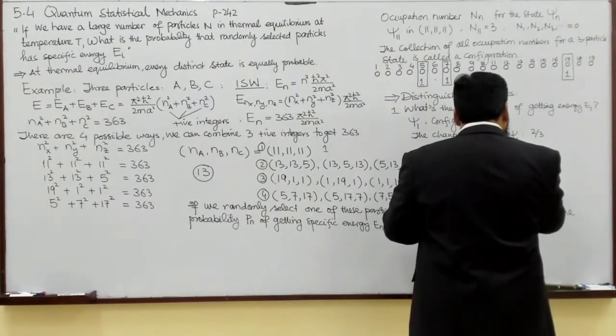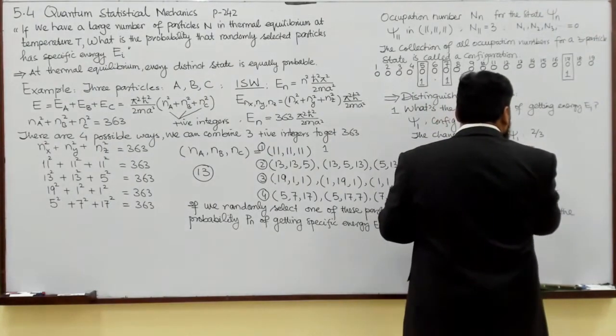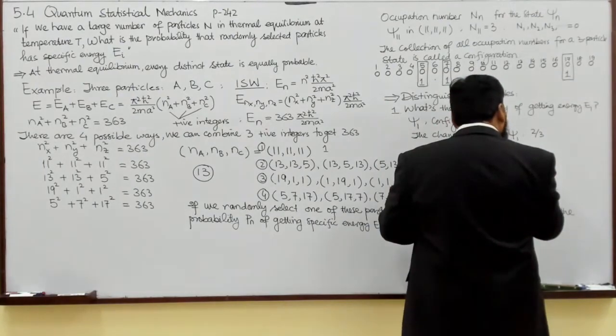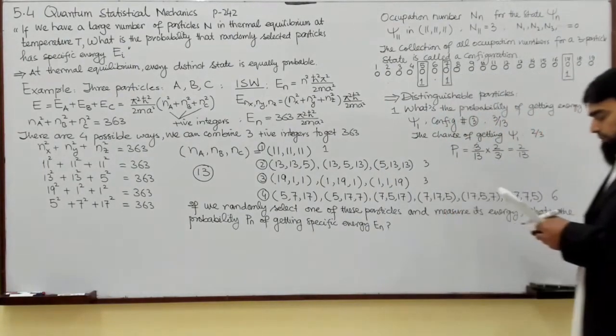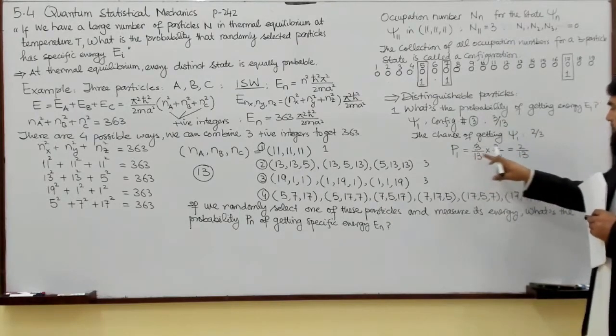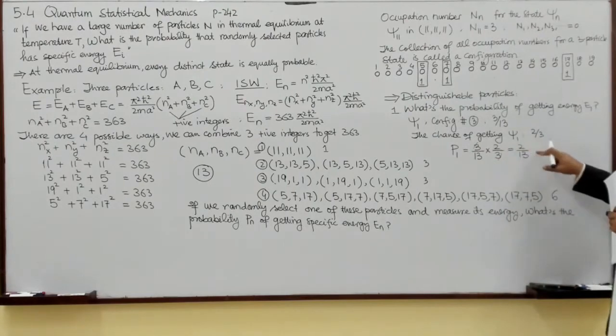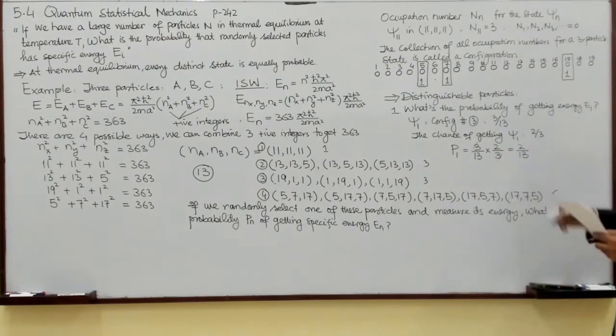The 3 will cancel, and I will have 2 over 13. So this is the probability of getting a particle in state psi 1, which is 2 over 13.